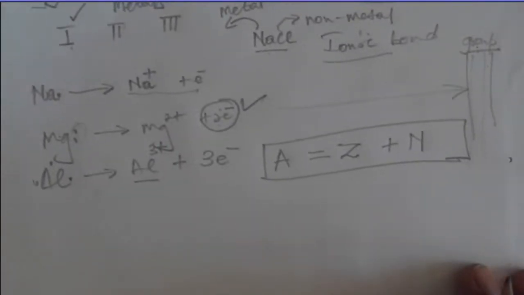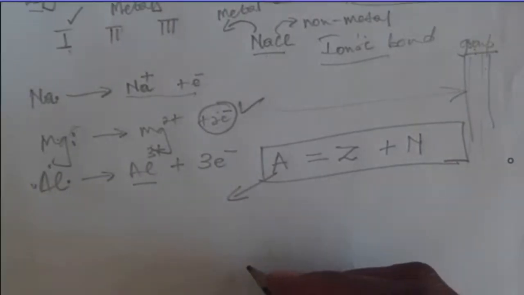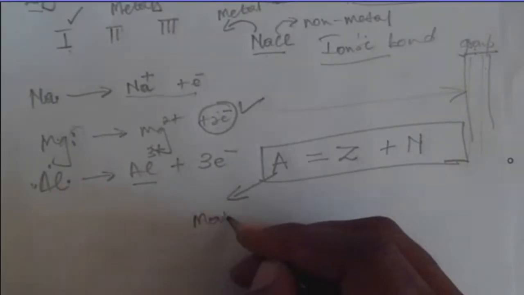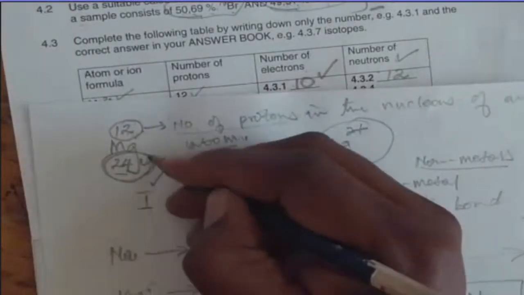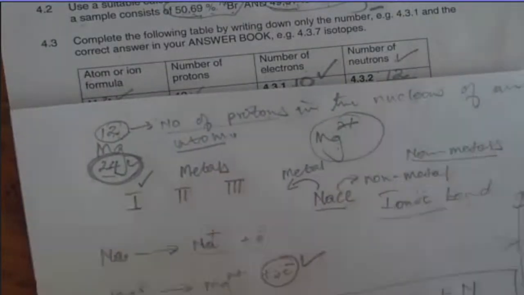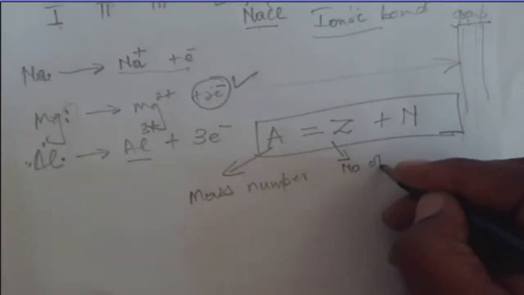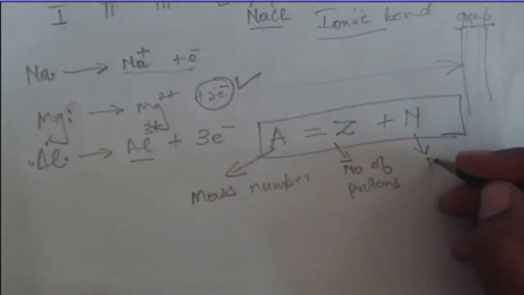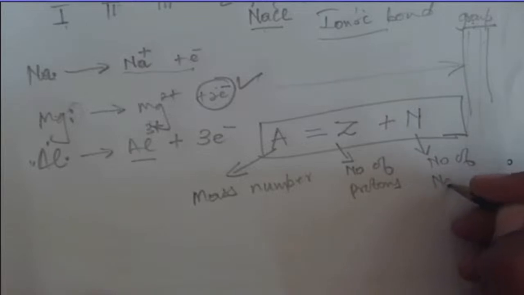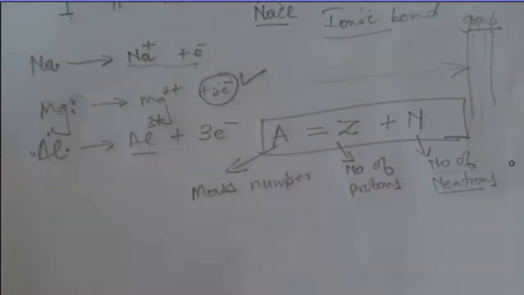A is the mass number, which I refer to in the periodic table. Z is the number of protons, and N is the number of neutrons.